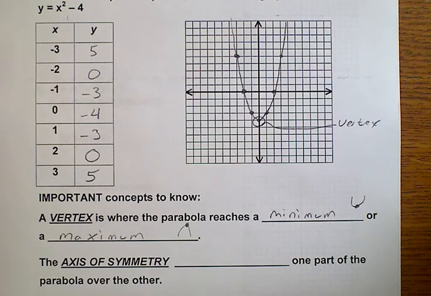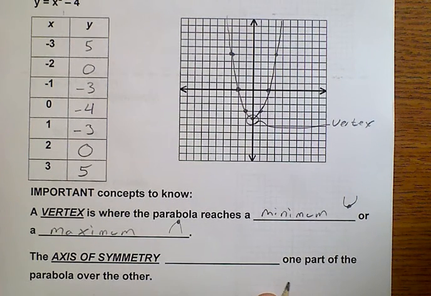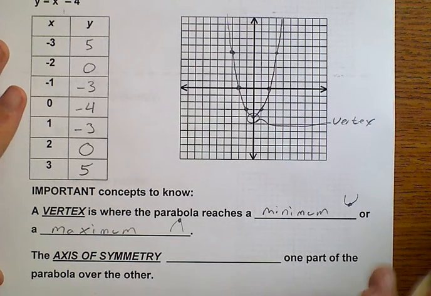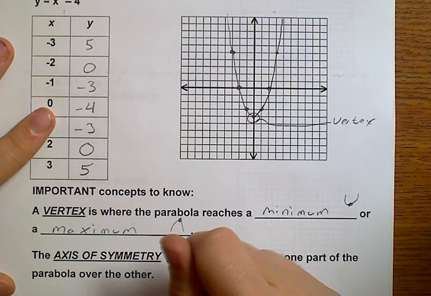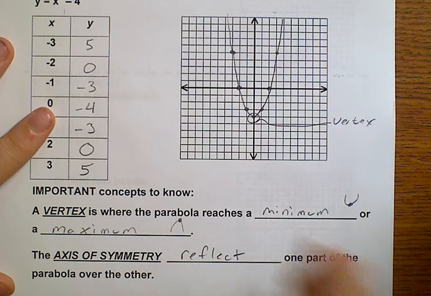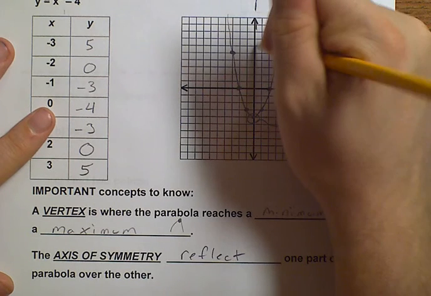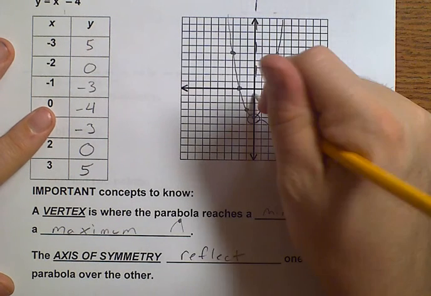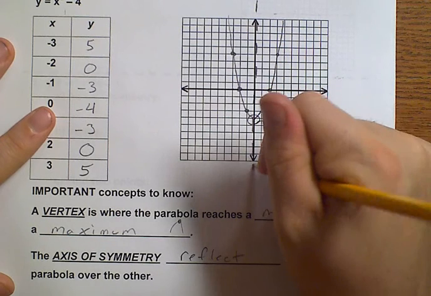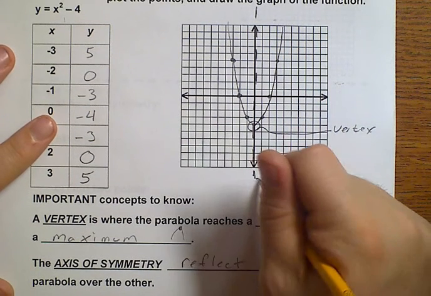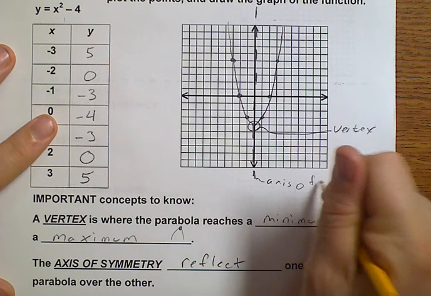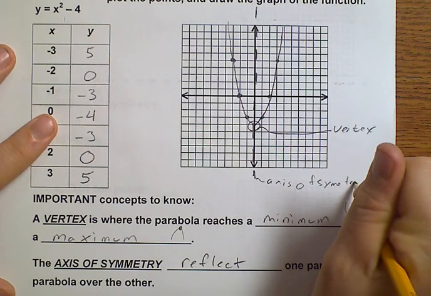We also have the axis of symmetry. It's where you can reflect one part of the parabola over the other. And so here, my axis of symmetry falls right here.